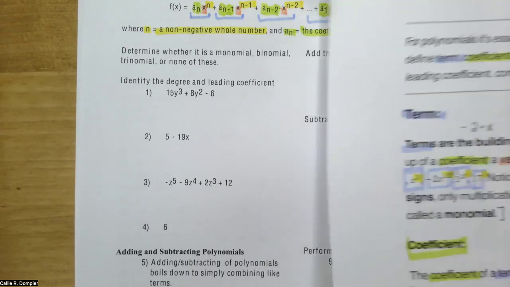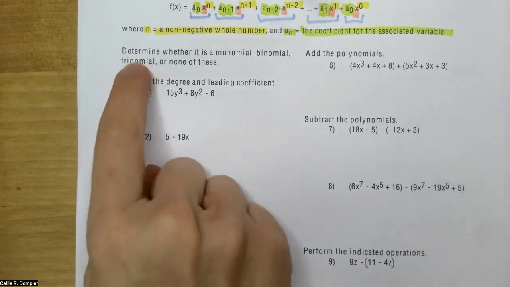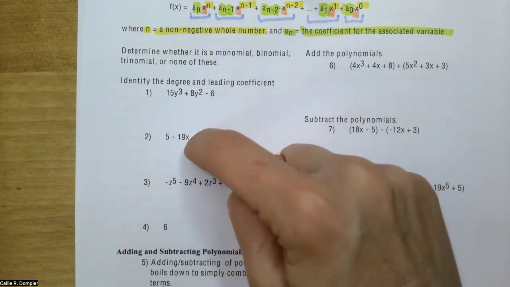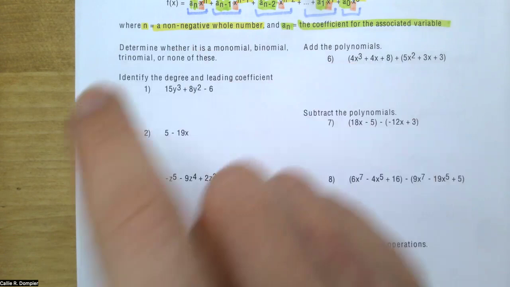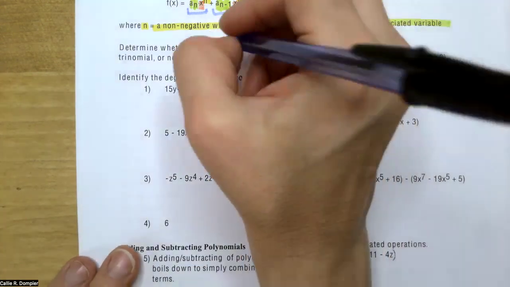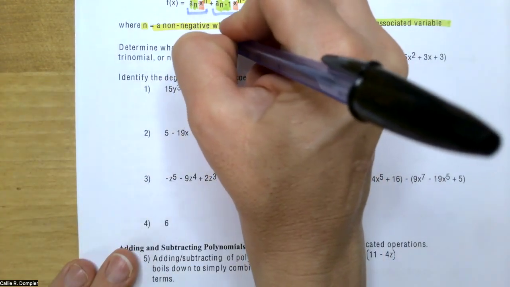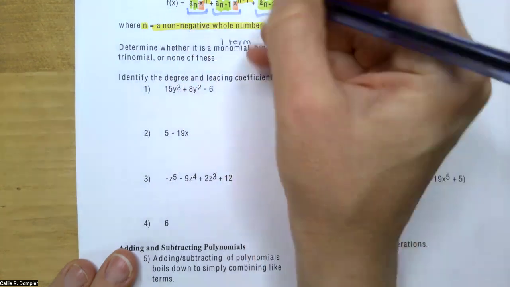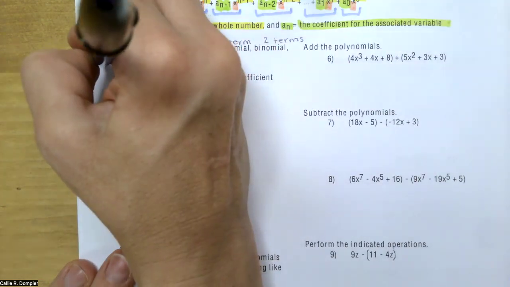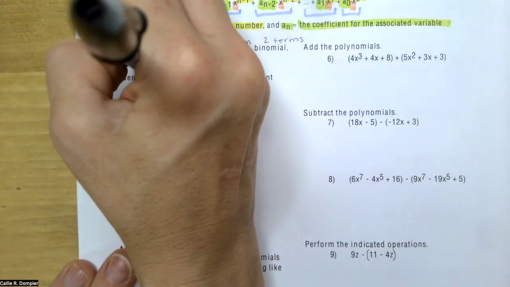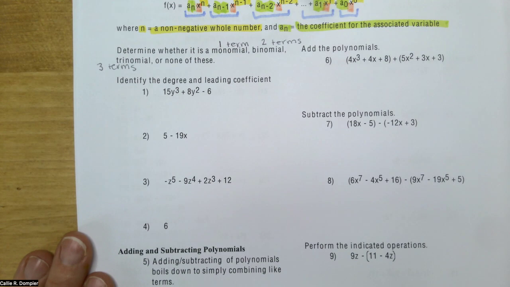Using what notes we have, we are going to determine whether 1, 2, 3, and 4 are monomials, binomials, trinomials, or none. All right? Remember, monomial means there is one term. Binomial has 2 terms. Trinomials have 3 terms. And if it has more than 3 terms, it's none of those 3 names, we just say it's a polynomial.